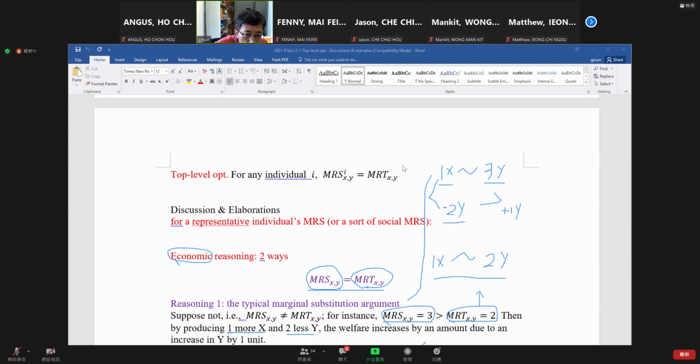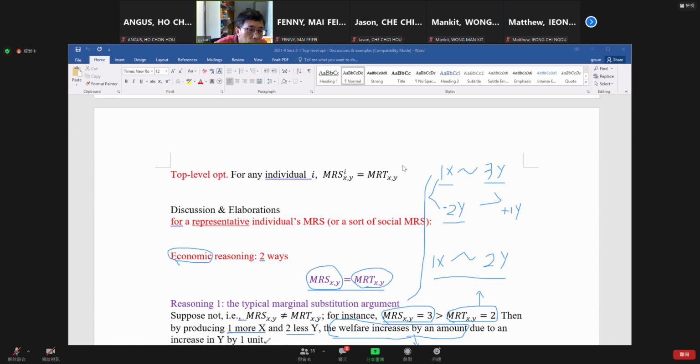So therefore, the welfare increases. In doing so, we can increase the consumer welfare exactly to the same extent as increasing the consumption of Y by 1 unit.